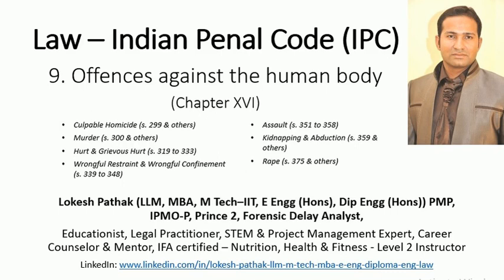So if a person causes a death either by the intention of causing death, or with the intention of causing any bodily injury which can later lead to death, or with the knowledge that what he is doing will result in death, then he is under culpable homicide.